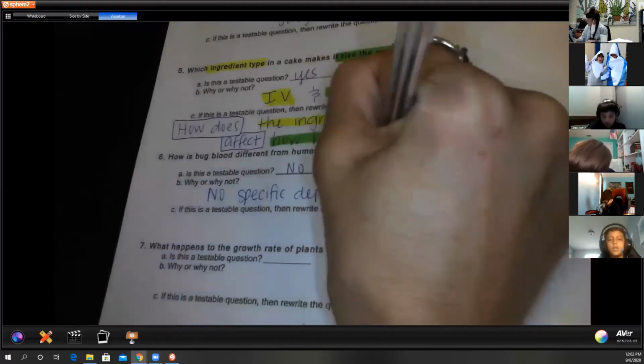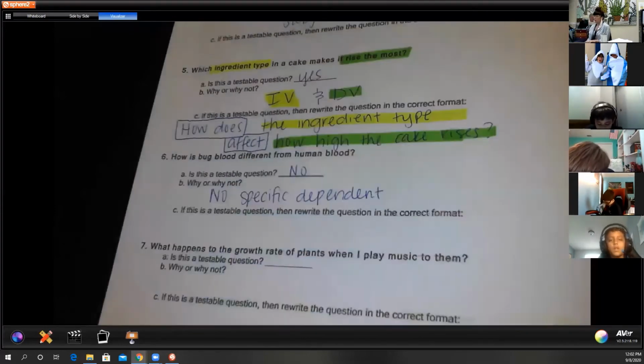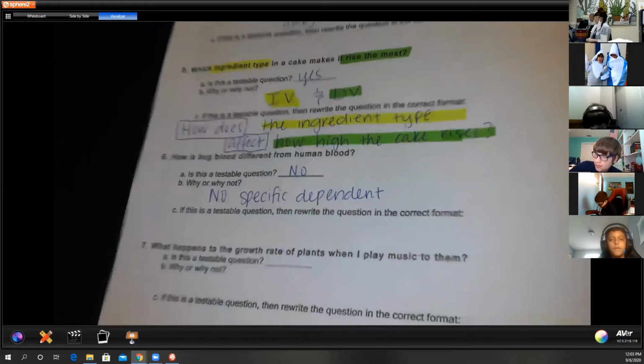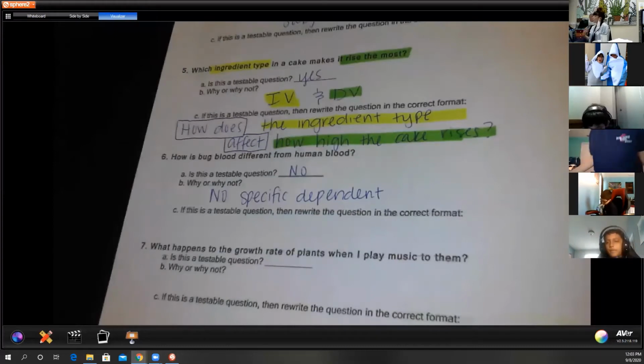Scientists have different kinds of scientific investigations. We have experimental investigations that have an IV and a DV, but we also have comparative studies. I'm an identical twin, right? So one comparative study I could do would be to look at my blood compared to my sister's blood. I'm not changing anything, am I?